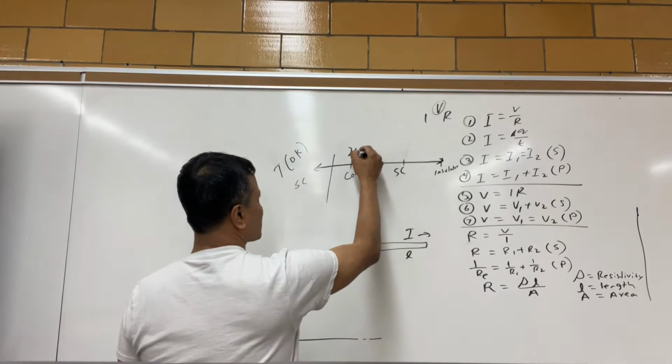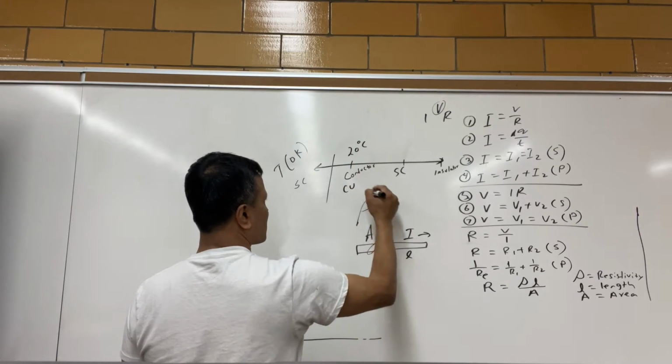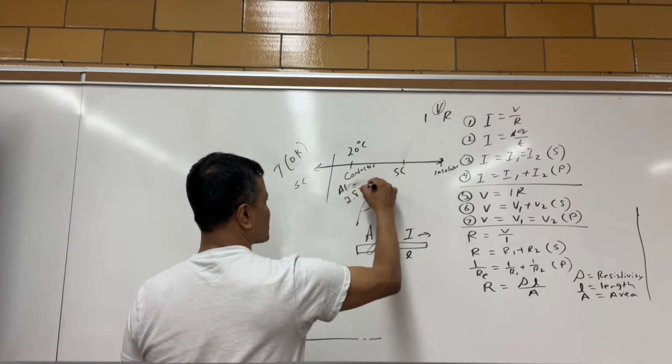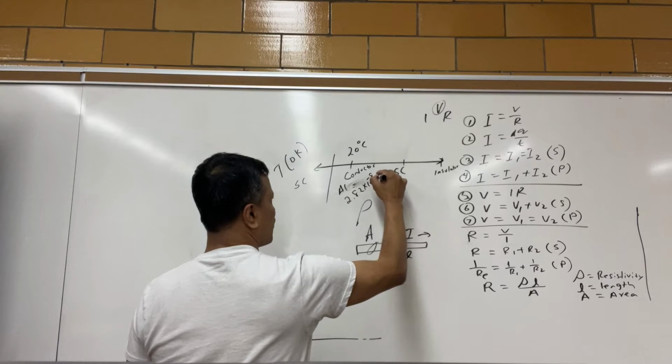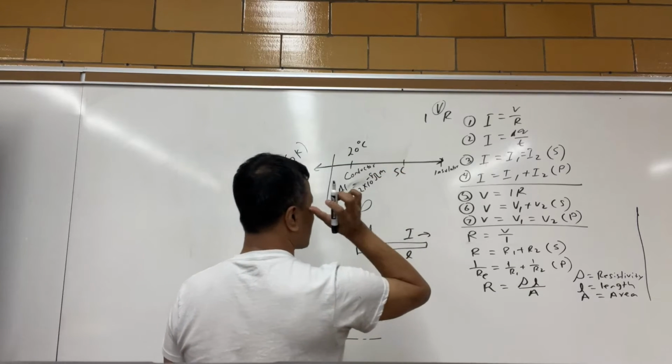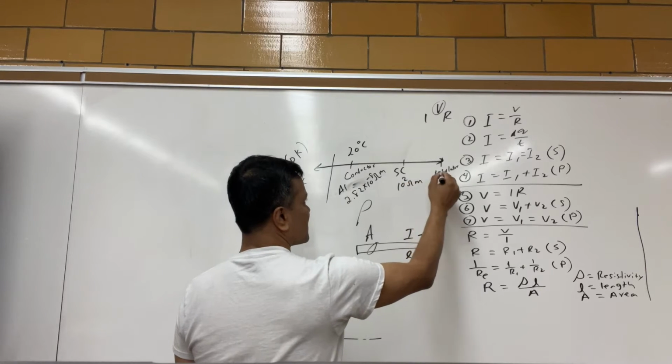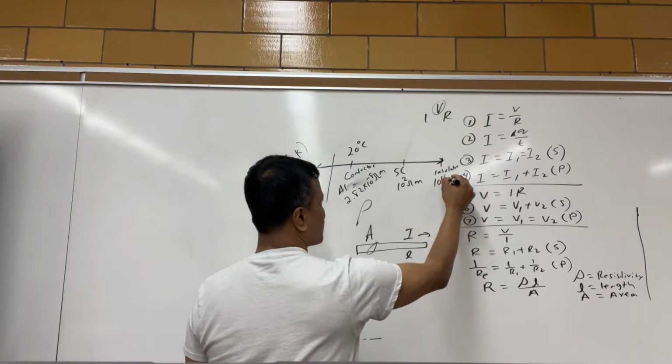Conductor at 20 degrees Celsius, copper, or aluminum, let's say aluminum, is 2.82 times 10 raised to negative 8 ohm meters. And semiconductor is about 10 raised to 2 ohm meters. Insulator is 10 raised to 15 ohm meters.